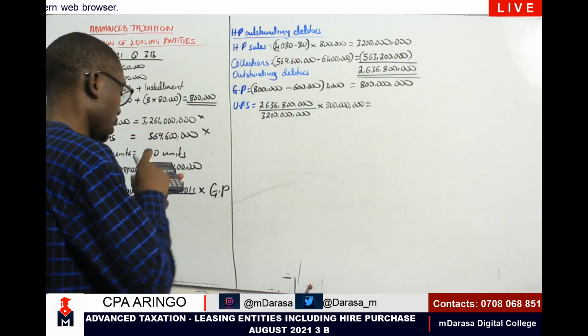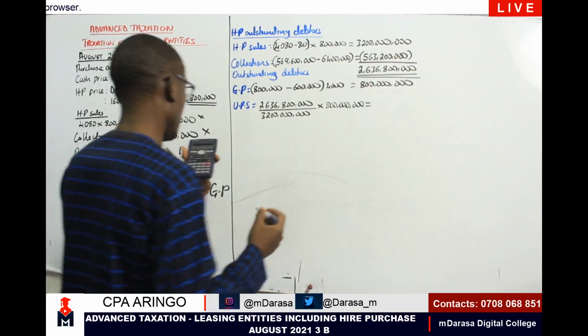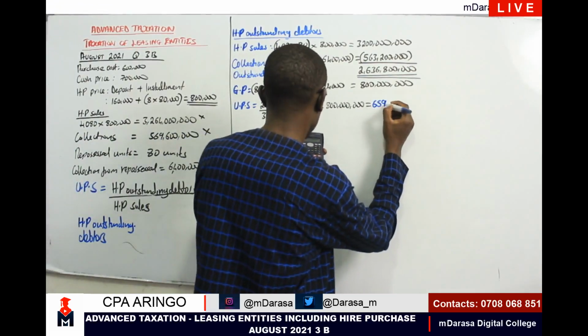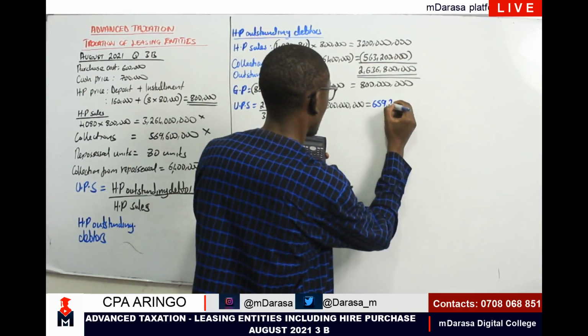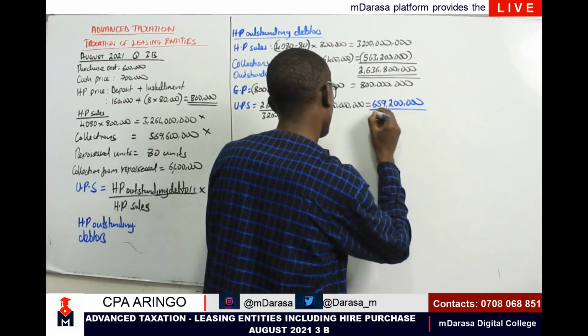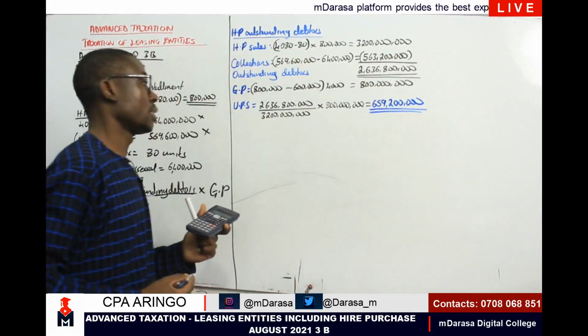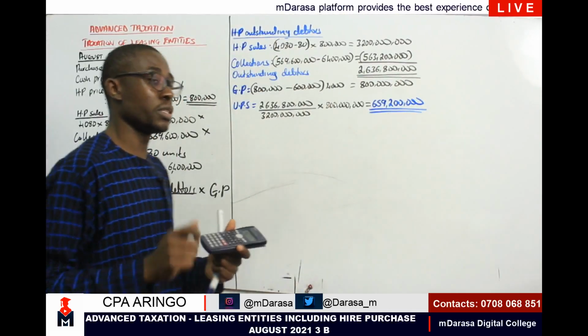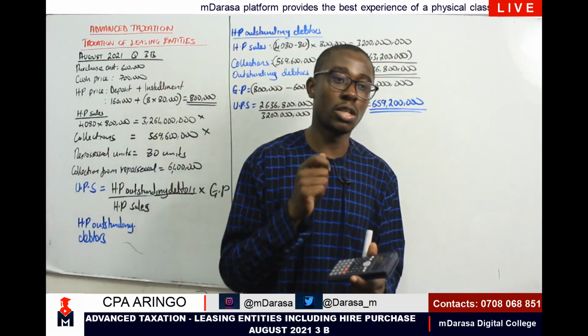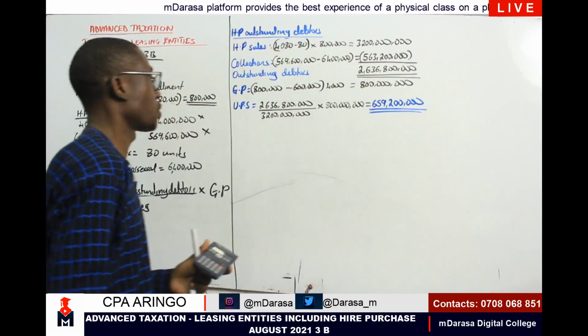Mwalimu is getting unrealized profit to be 659,200,000. That is what Mwalimu is getting to be unrealized profit. You'll see where it is going to affect us. So kindly know that to be our unrealized profit on sales.